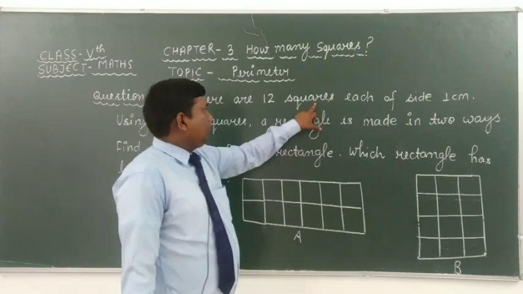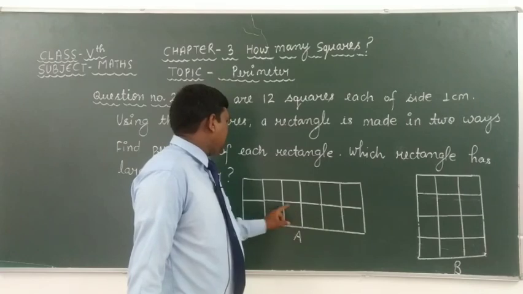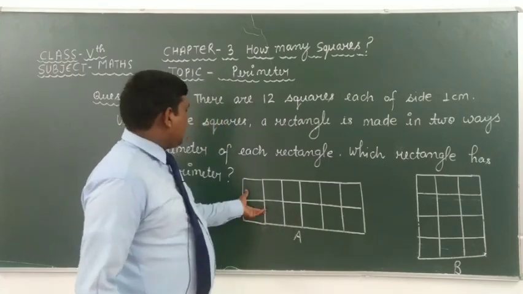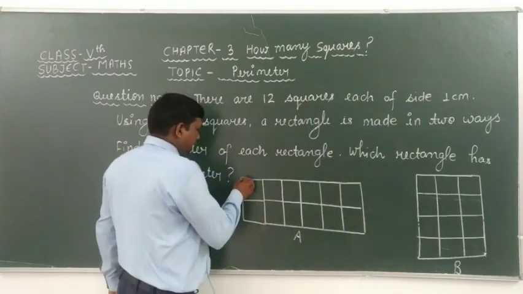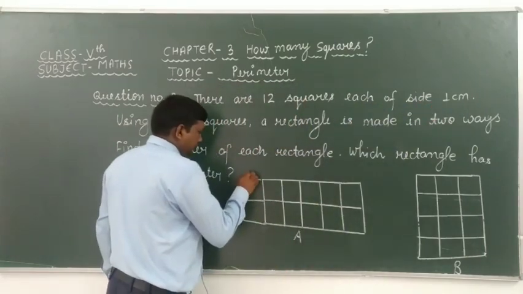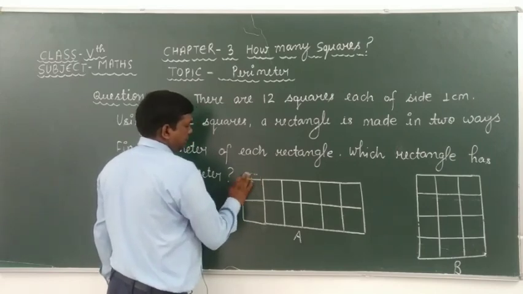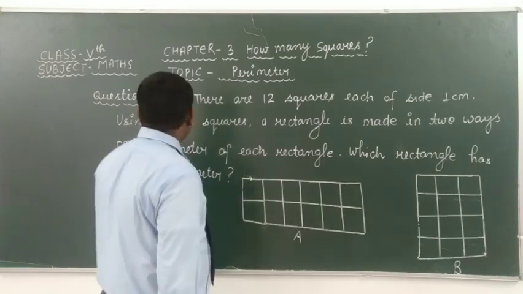Look, 1, 2, 3, 4, 5, 6, 7, 8, 9, 10, 11, 12. There are 12 squares, each of side 1 centimeter. It means this side is 1 centimeter.